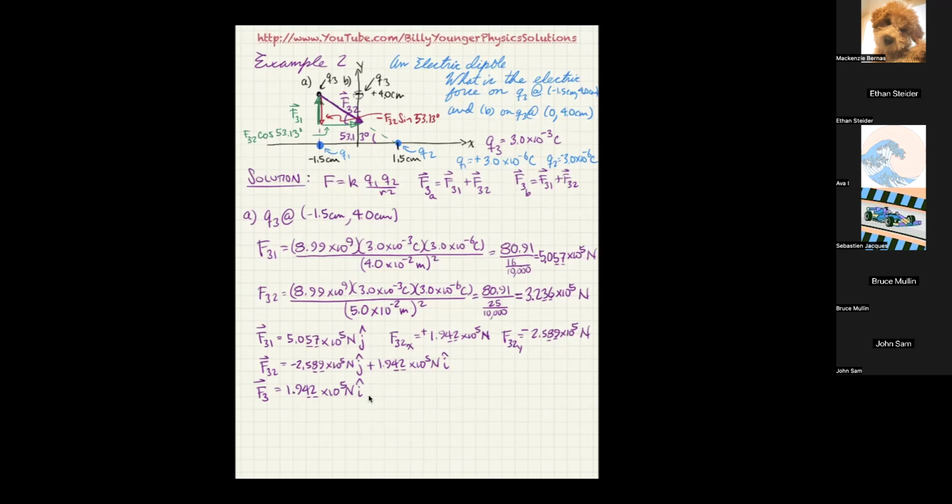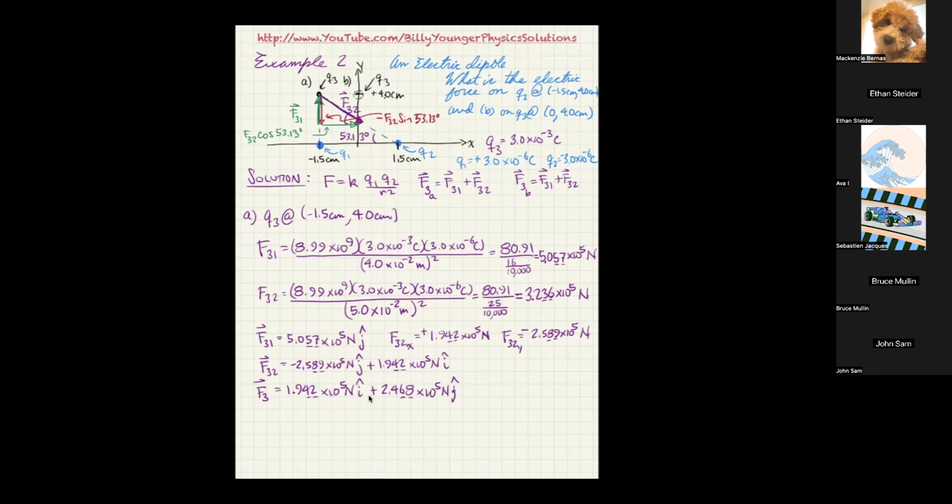When I subtracted 2.589 from 5.057, I got positive 2.468 times 10 to the 5th newtons in the j hat direction. So now I'm writing it in the normal order, which is i before j. Okay, so that's my actual force.